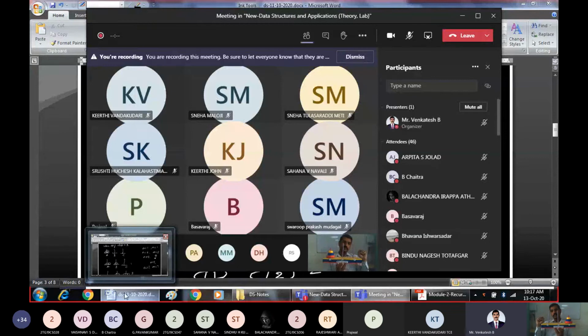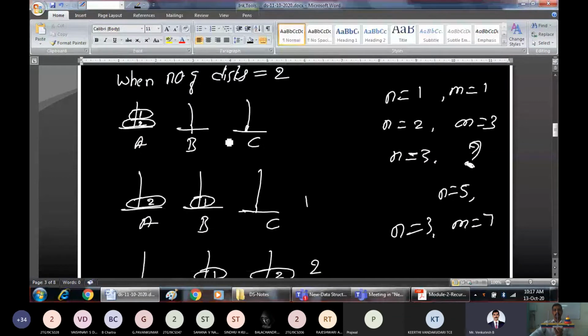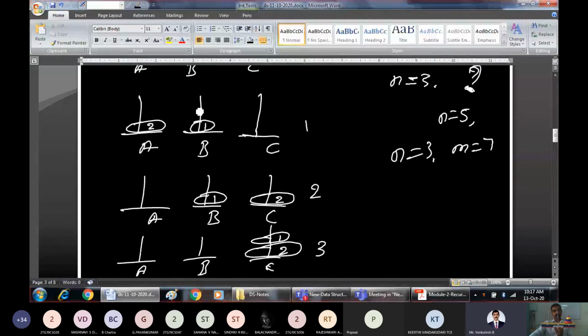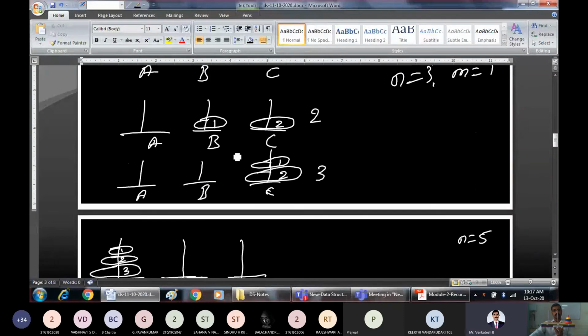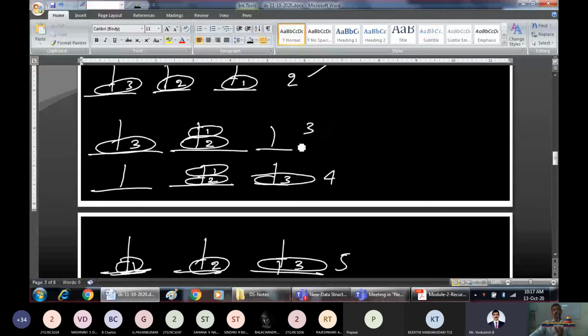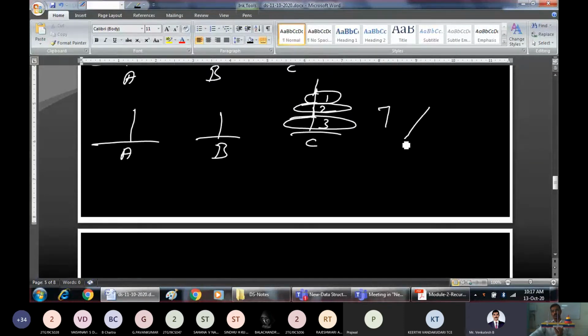So with these 7 movements, we were able to move all the disks from A to C by taking B as the auxiliary. So for n equal to 3, these 7 steps were followed to reach the destination.